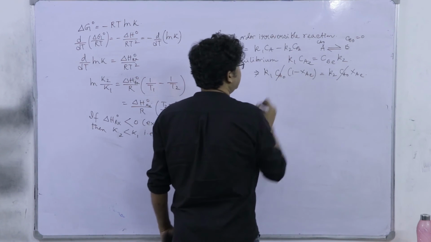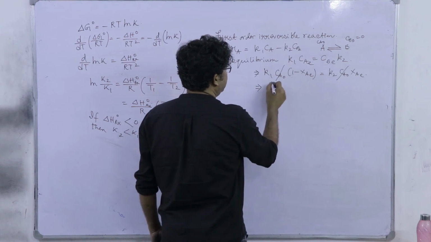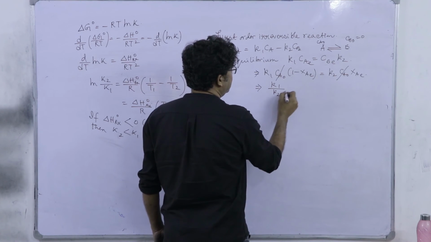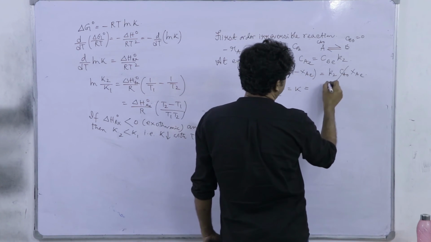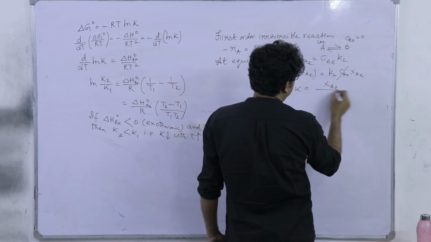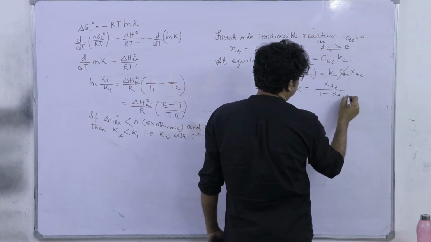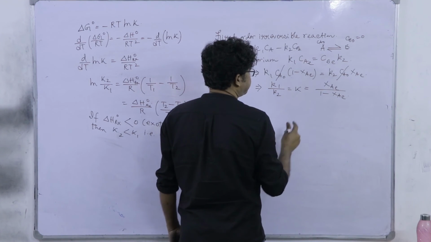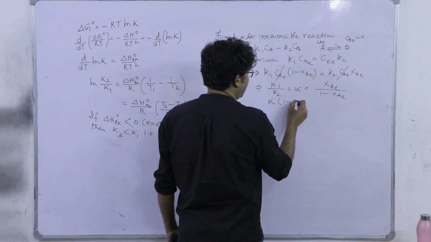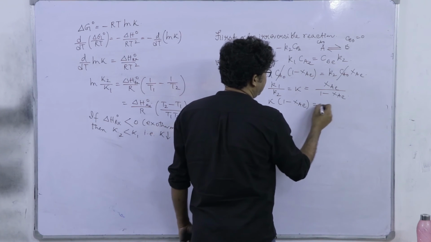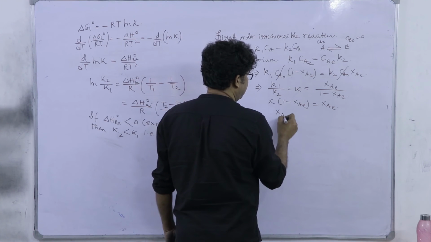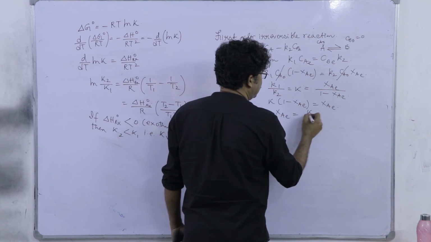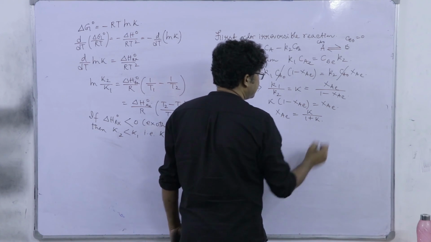So Ca naught cancels out and K1 by K2 is equal to capital K, and that is XAE by (1 minus XAE). So K into (1 minus XAE) equal to XAE. So XAE is equal to K divided by (1 plus K).